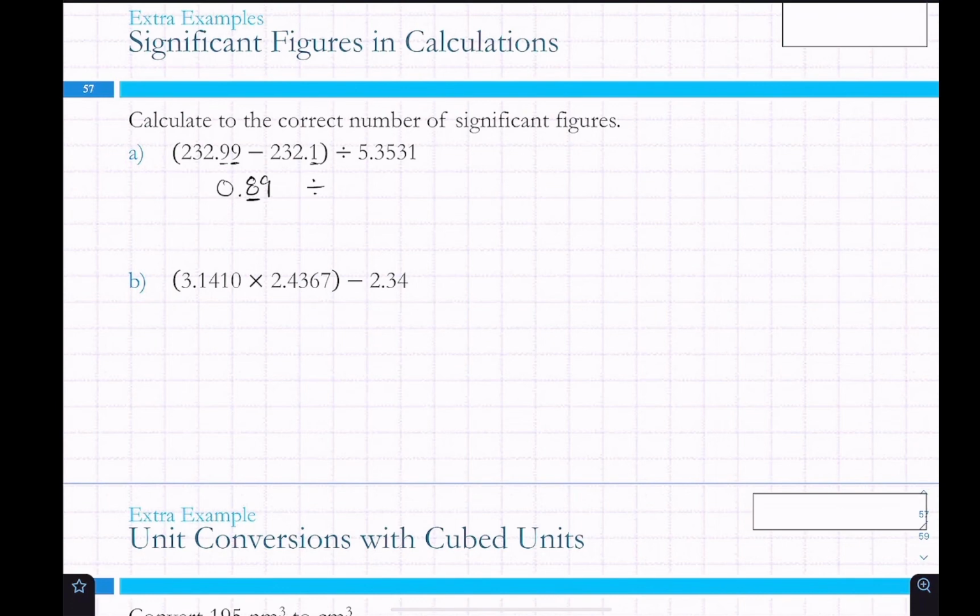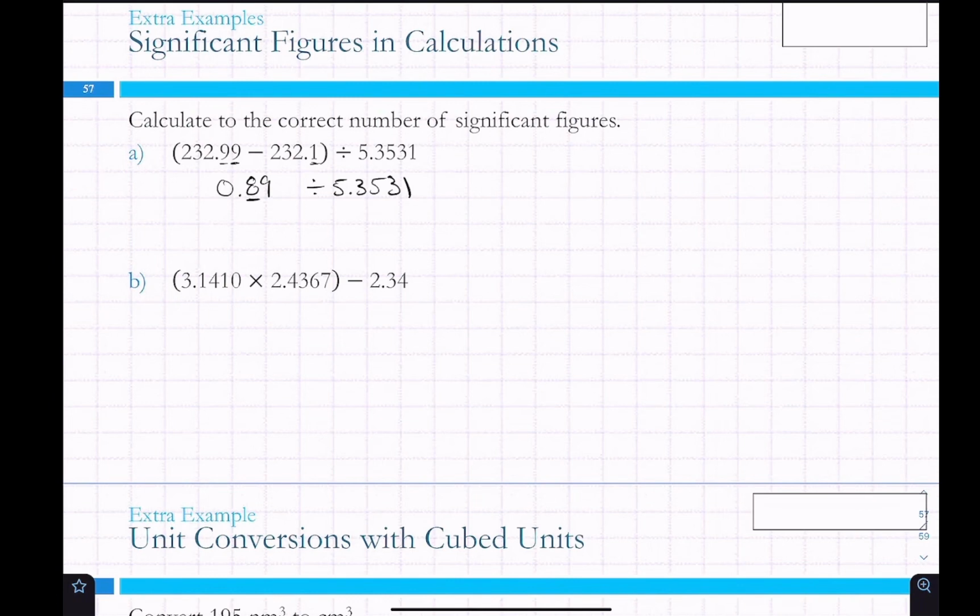And then we can do our division, 5.3531 divided by 0.89. And notice how I'm not actually rounding off the 0.89. That's because we want to keep all of those digits because we're not done with our calculation yet.